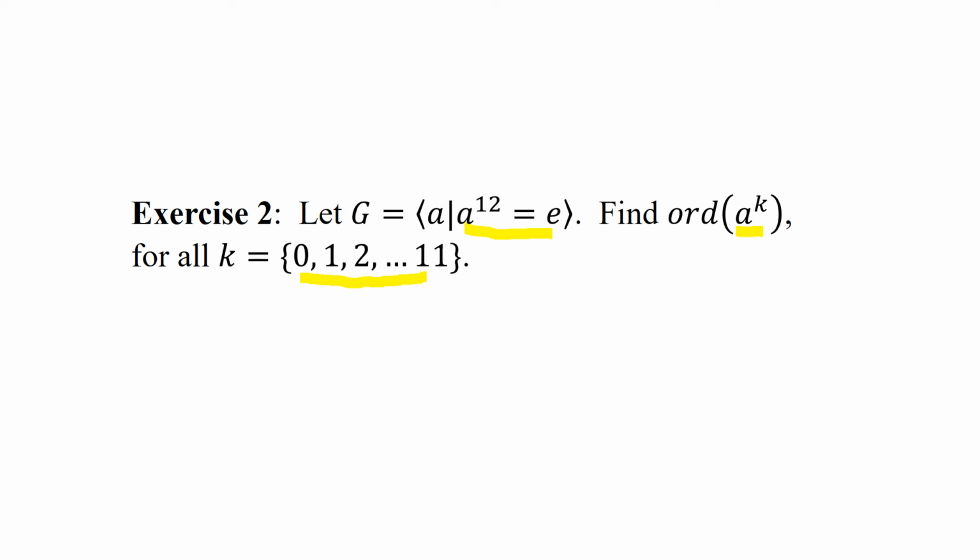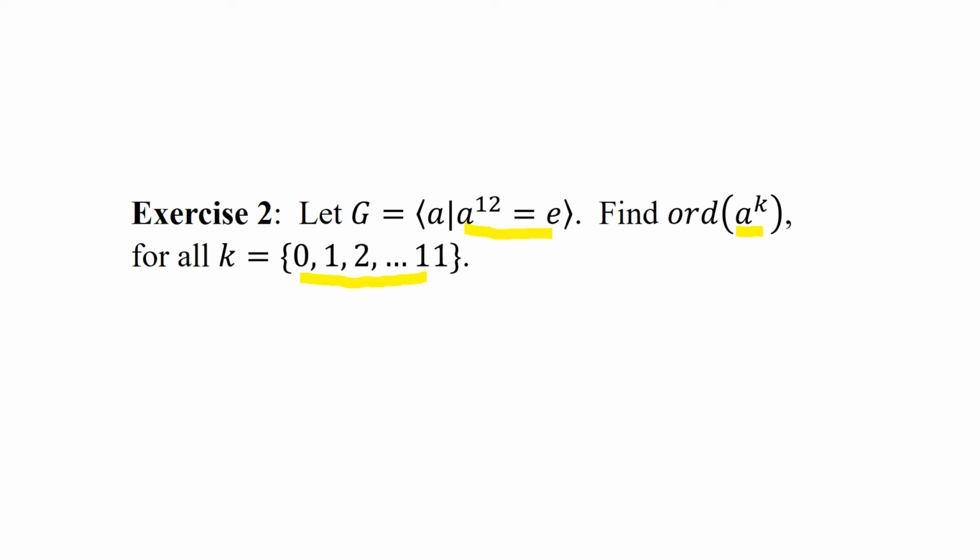Go ahead and write these out, try to find the order of every element. Remember now that we can use some of our results. We know that, for example, A and A inverse have the same order. So if I am interested in finding the order of any element, if I already know the order of its inverse, I don't have to do any work.